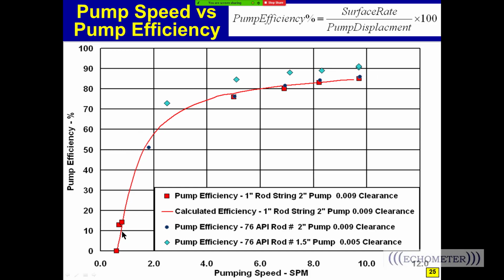If you have 5 thousandths clearance or 9 thousandths clearance and you pump really slow, like 1 stroke per minute, then almost all of your liquid is going to be lost due to slippage. So you have to be cautious about running open clearances if you plan to pump very slow with a variable speed drive or some kind of jack shaft. Then you probably need to watch out and really pay attention to your pump clearance.